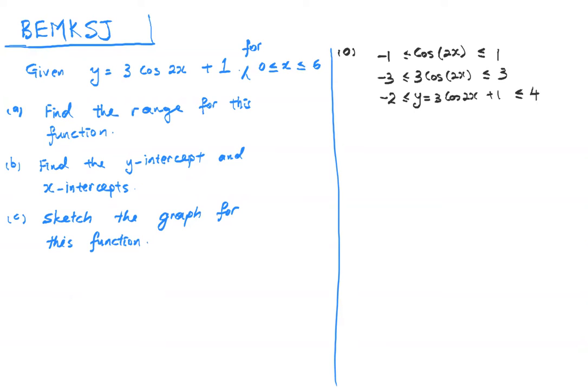So that means, therefore, the range is equal to y, where y is a member of the real numbers, and y is within -2 and 4. Right? Got it? Okay?